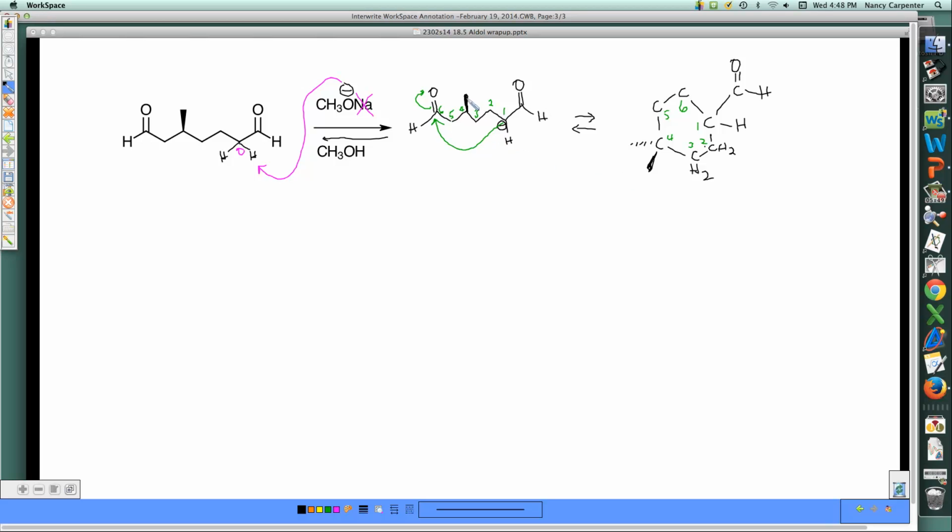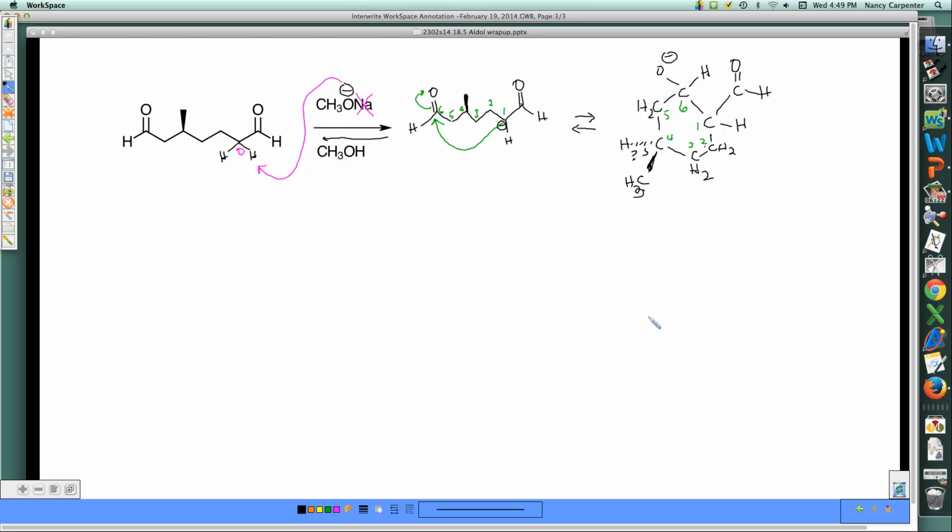Looks to me like this would be the highest priority, second priority. That looks like S to me. So if I put the H in the back, is this S? Oh my God. Well, we'll assume it is for right now. I don't want this to last 30 minutes. Okay, but it should be S. Okay. Carbon 5, another CH2. Carbon 6 was where it attacked, so we've got our O minus and our hydrogen.